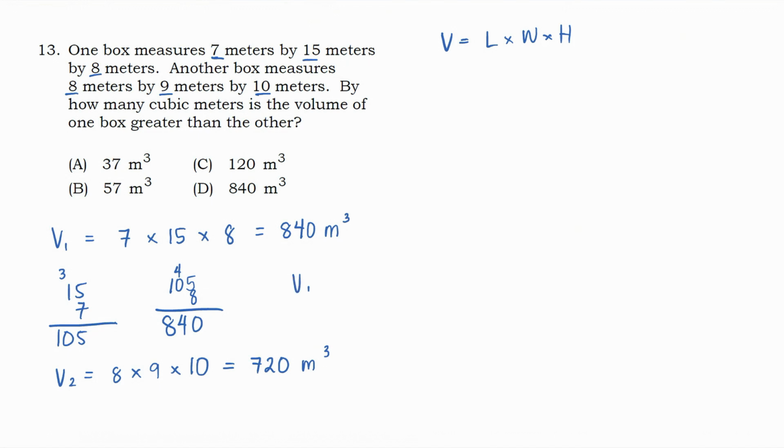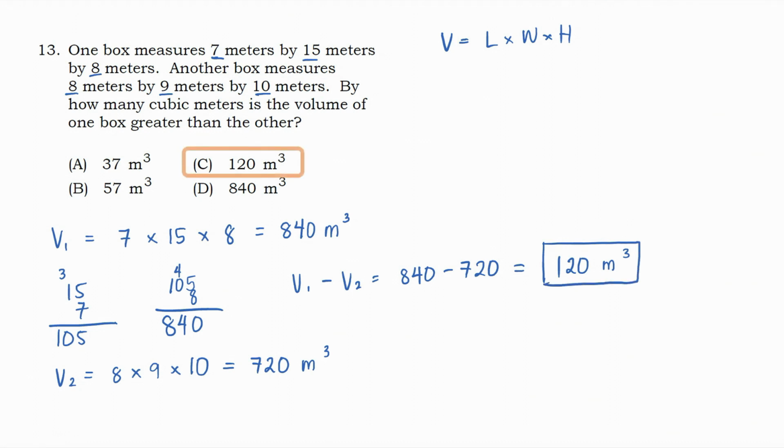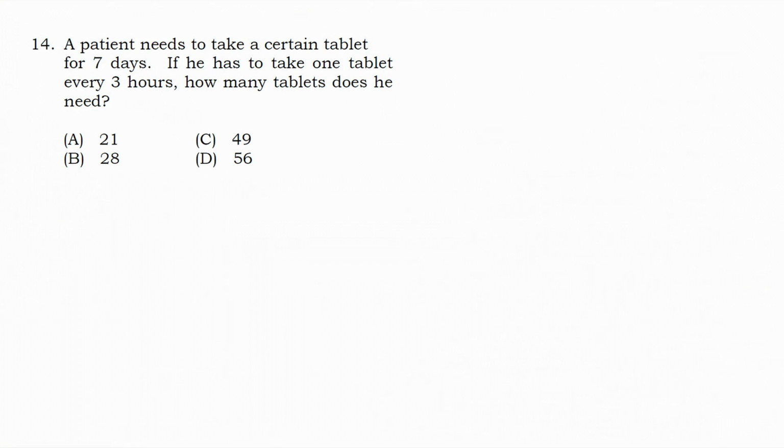So, V1 minus V2 is equal to 840 minus 720. So, this one is equal to 120 meter cube. So, the final answer is 120 meter cube. Letter C. Number 14, a patient needs to take a certain tablet for 7 days.